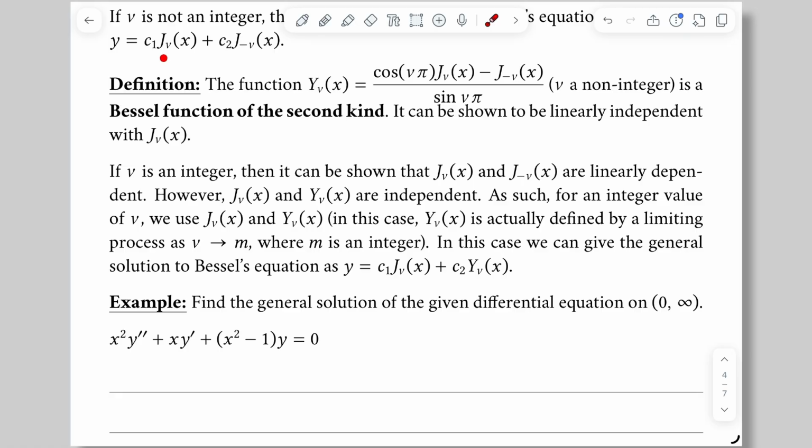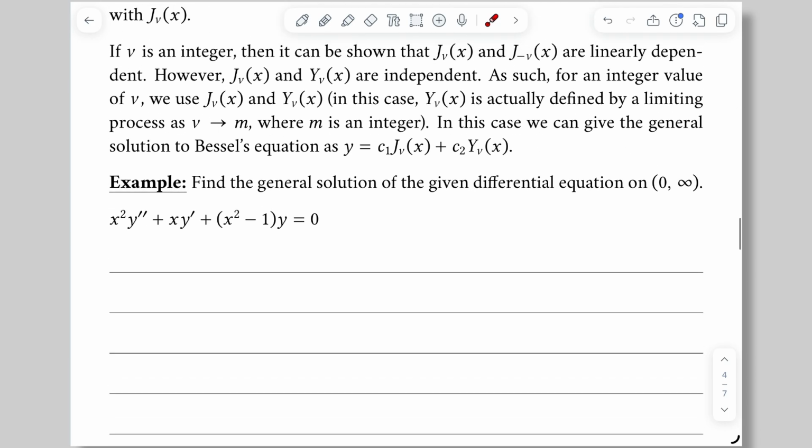Then since J sub nu and J sub negative nu are linearly dependent if nu is an integer, in that case, we have as our general solution y is equal to c sub 1 J sub nu of x plus c sub 2 Y sub nu of x.